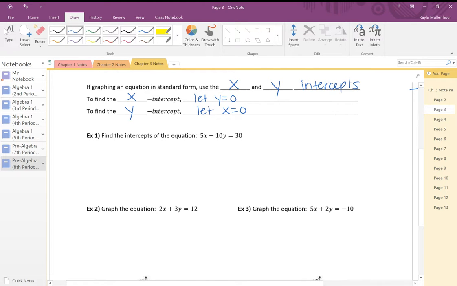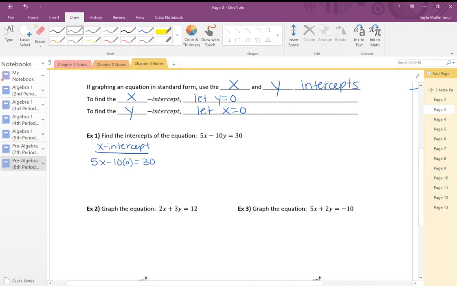So we're going to apply that now to find some intercepts of our equations. We have 5x minus 10y equals 30. So first, finding the x-intercept. How do you find the x-intercept? Let y equal 0. So in this equation, 5x minus 10y, we're plugging in a 0 where that y is, equals 30.